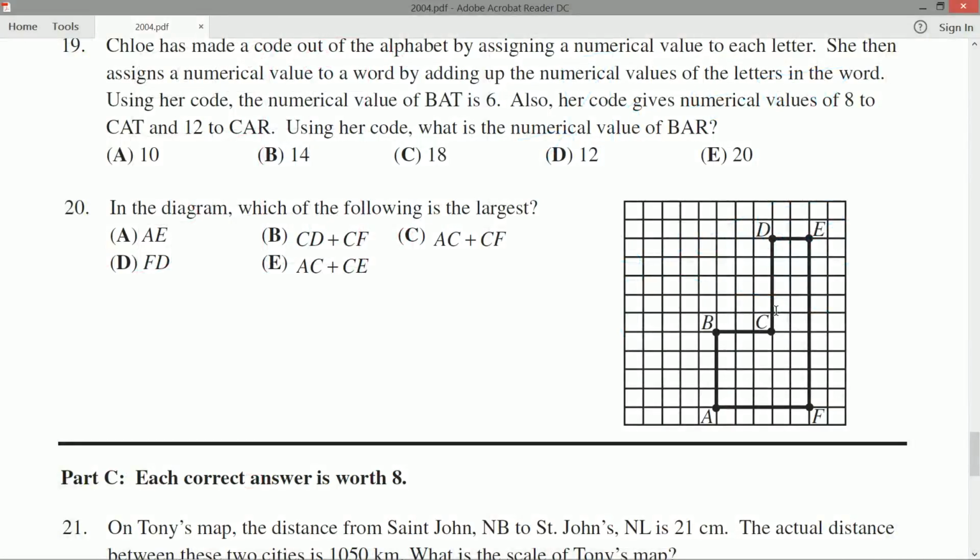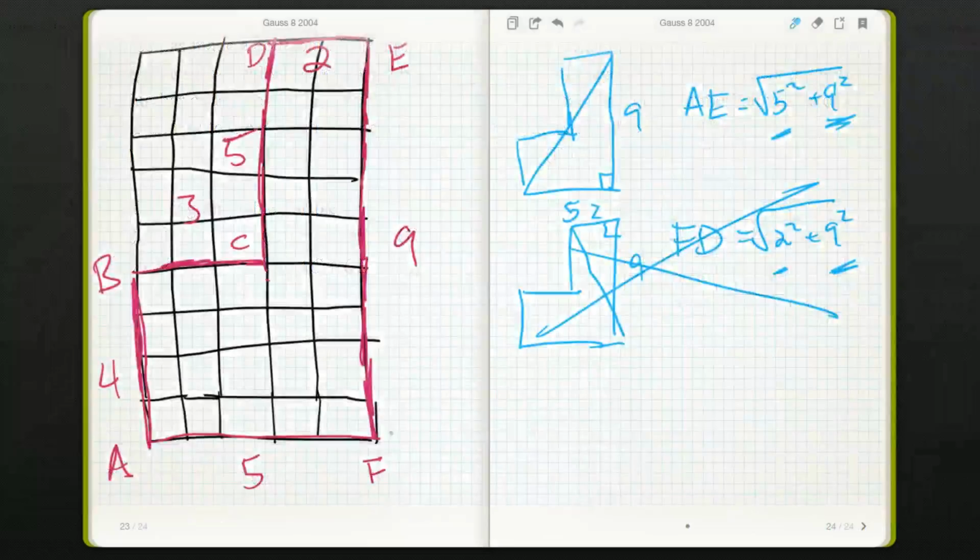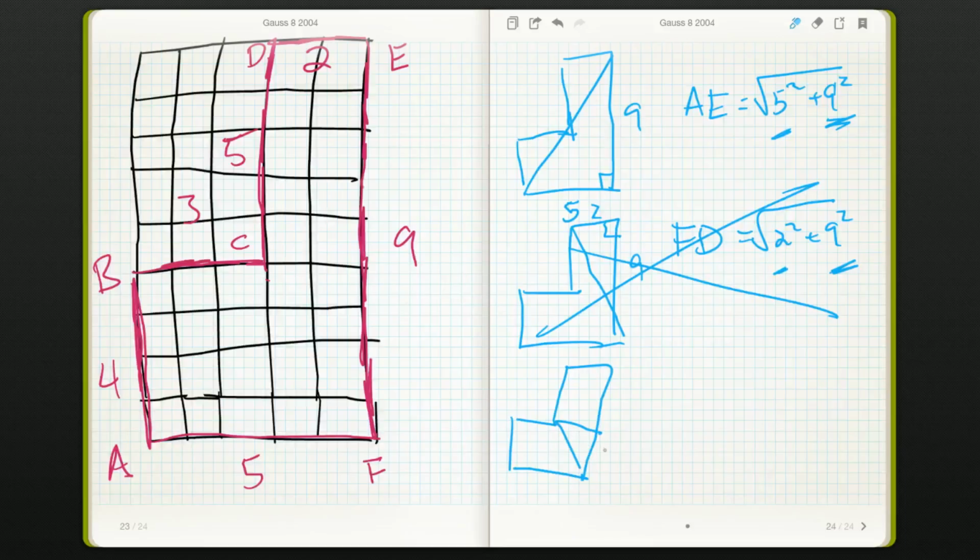Okay, what else can we do? I noticed that both C and E have AC plus something. So which is longer, CF or CE? Then we can rule out the shorter one. Looks like CF is longer, if we take a quick gander at it. CF is a right angle triangle, height 4, width 2. CE is width 2 and a height of 5.